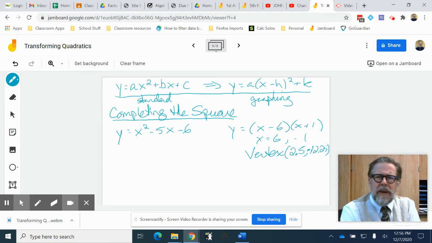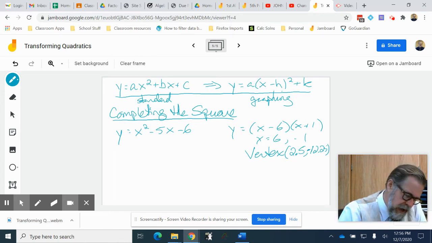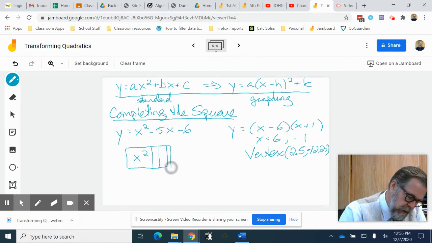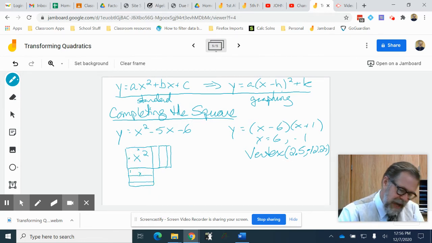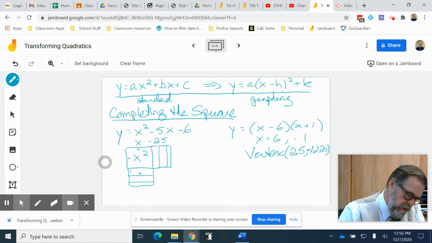What I want to look at is a geometric method. If I think of x squared as a square, and I take my negative 5x's and make boxes on either side, and these boxes are of length 1 by x. This box obviously is of side length x by x. And what I get is x minus 2.5 and x minus 2.5.